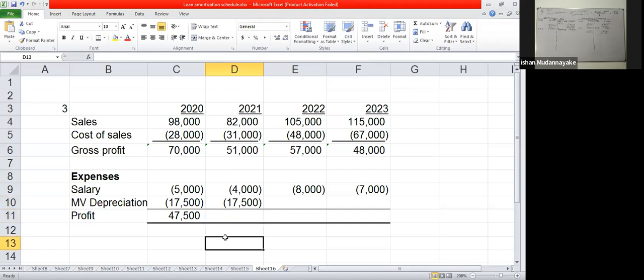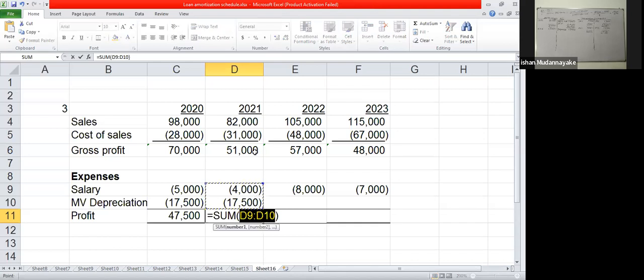In the year 2021, annual depreciation 70,500, transfer to profit and loss. Then here calculate the profit of the business organization for the period.